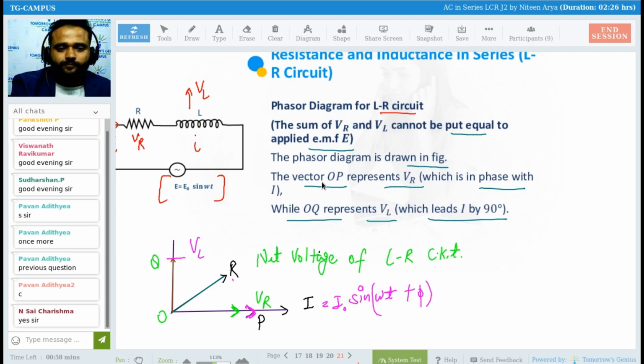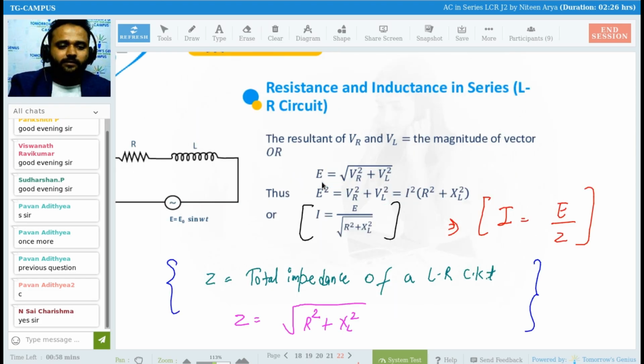If I make a perpendicular here, and this is my VL and this is my VR, automatically I can find the net voltage OR with the help of Pythagoras theorem. Clear now everyone? And that is the formula. Is this clear everyone or not? Because that is important. Clear?